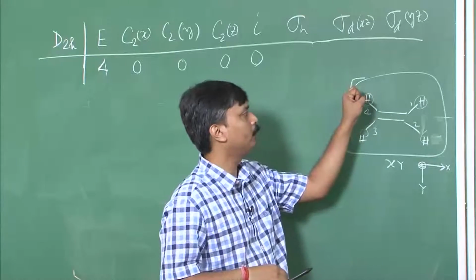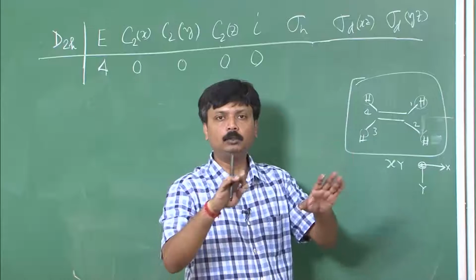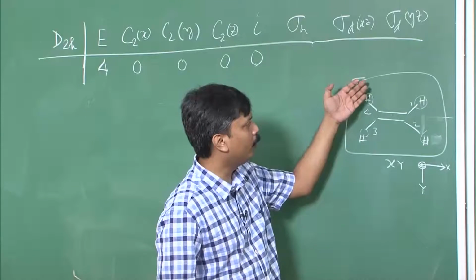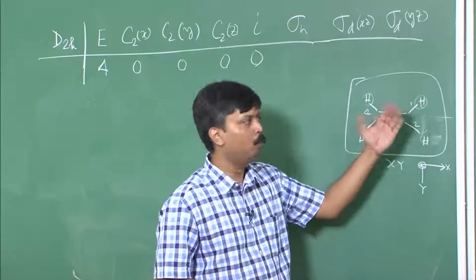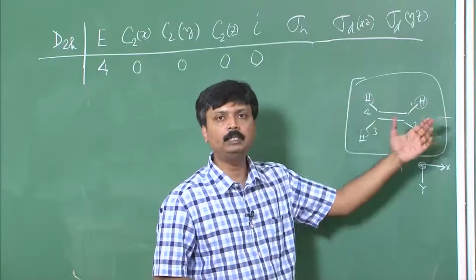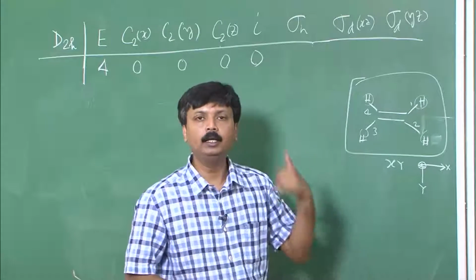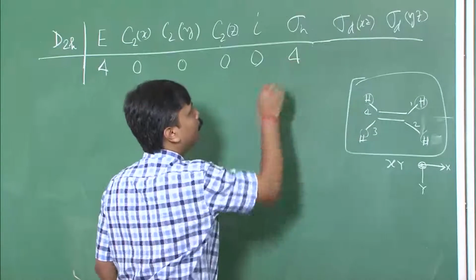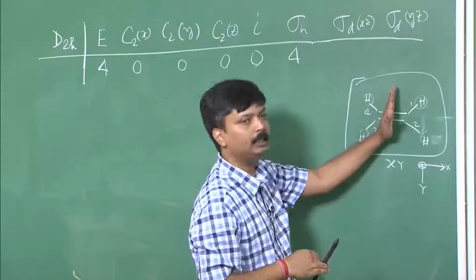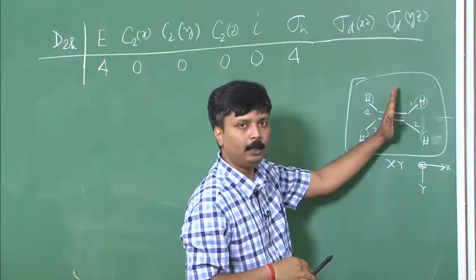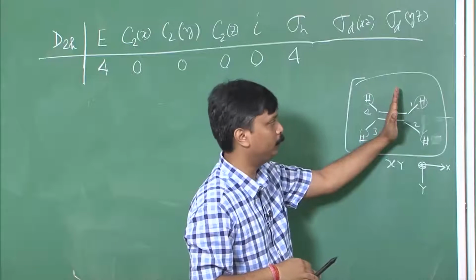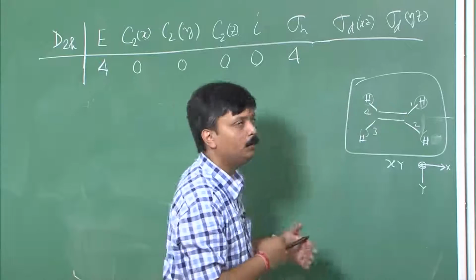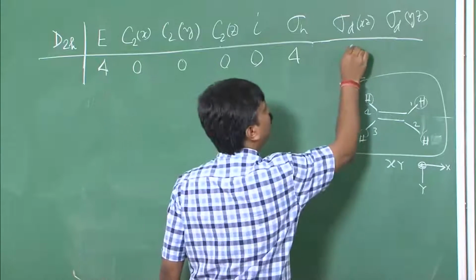So there is no separation of charge also. Therefore this plane will keep all the basis functions intact, meaning each will contribute 1, so together it will be 4. And then sigma d xz is doing the same thing as the C2 operations, C2x and C2y, and the other one acts as C2x. So both of them will contribute 0.